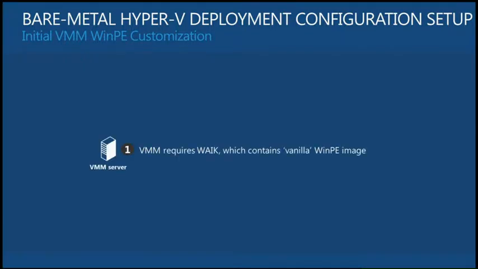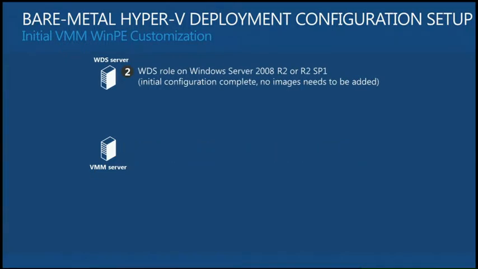So when you add the PXE server, this is essentially what happens. Beforehand, first, when you set up your VMM server, you have to install WAIK. It's a prerequisite for VMM. WAIK contains the standard WinPE image that Windows has available. It has no customizations, just your default WinPE image. The next step is you have to enable the WDS role on Windows Server 2008 R2 or R2 SP1.